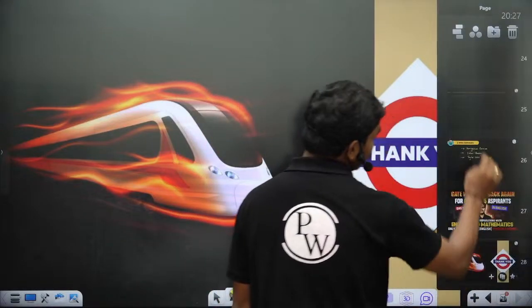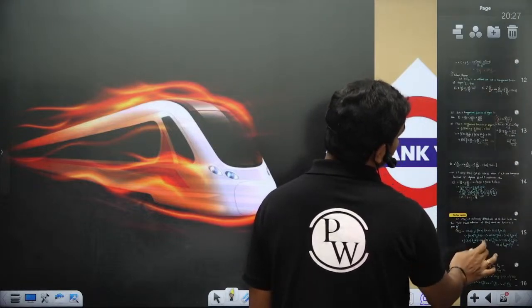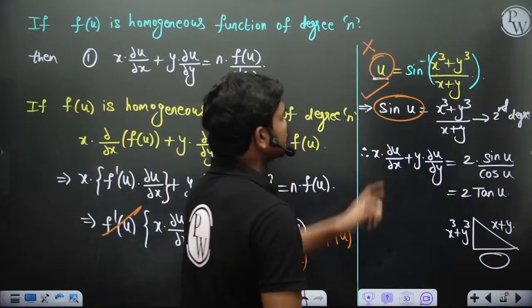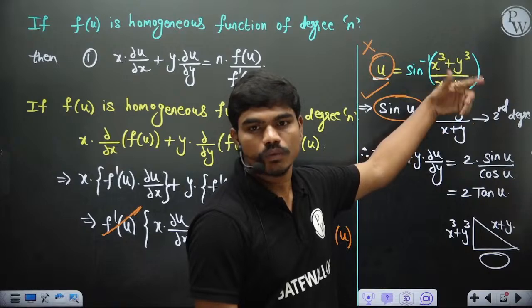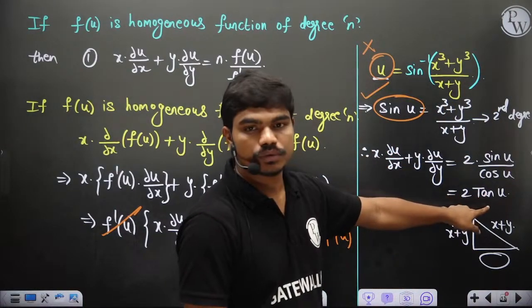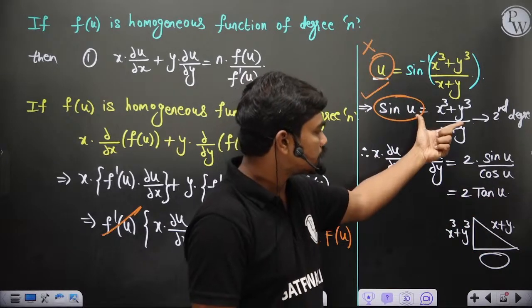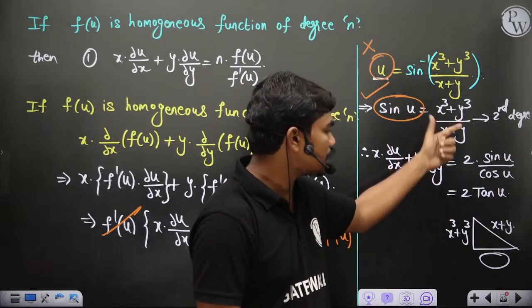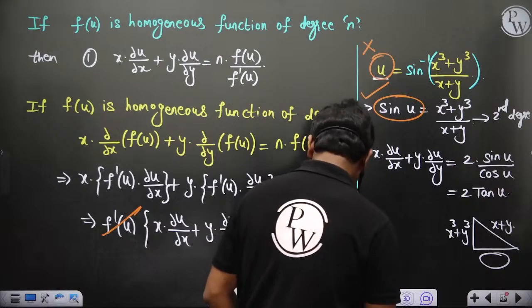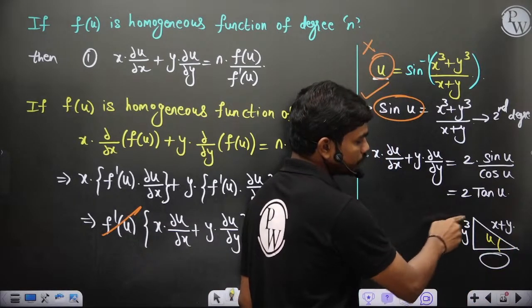Look, this triangle thing, what I have done here: when this function is given in terms of x comma y, people want to write the final answer in terms of x comma y. But you have tan u. Then how do we convert this tan u into x comma y? You know sin u is equal to this, so if this angle is u, then sin u is (x cube plus y cube) by (x plus y).